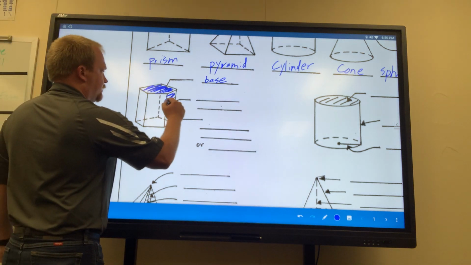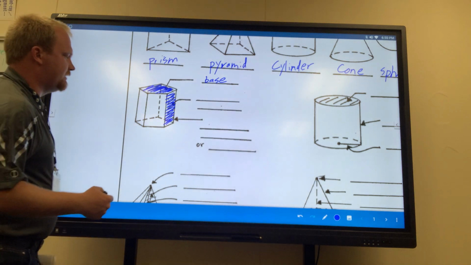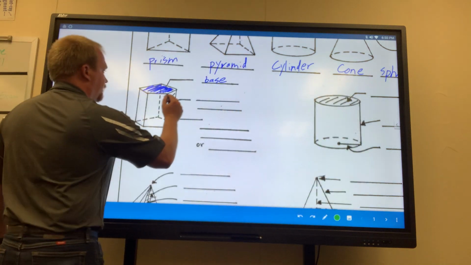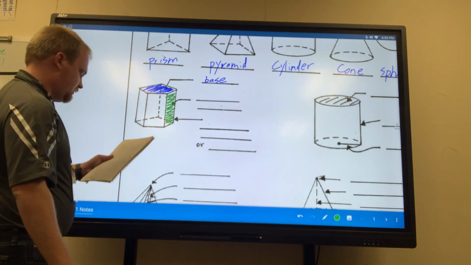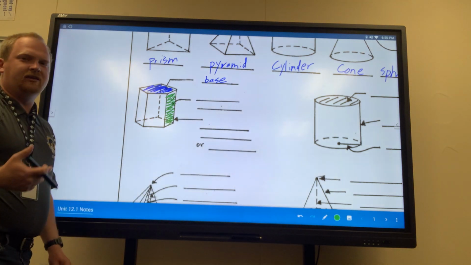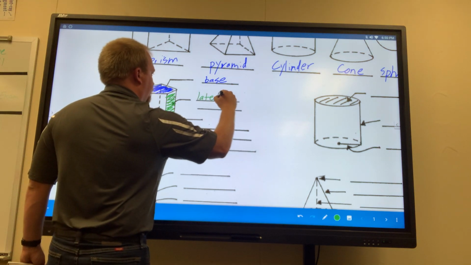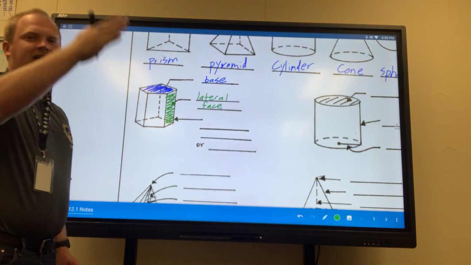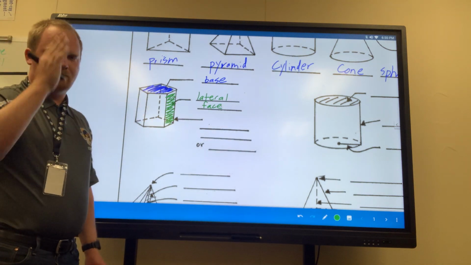Now this right here, I can make it a different color so that we distinguish the difference. That right there, we could call it a face. It is a face, but it's a lateral face. What I mean by that is that it goes up and down, because lateral means up or down.